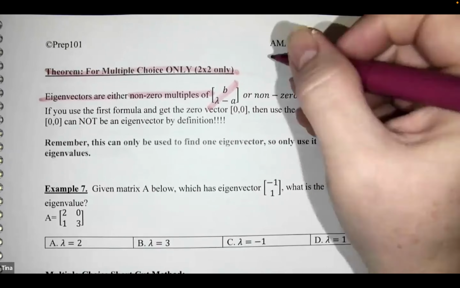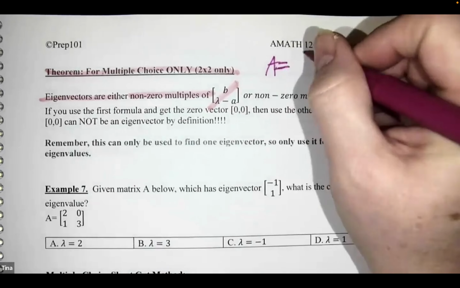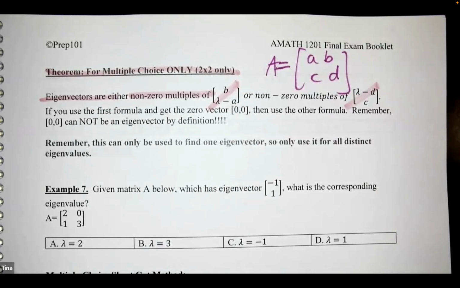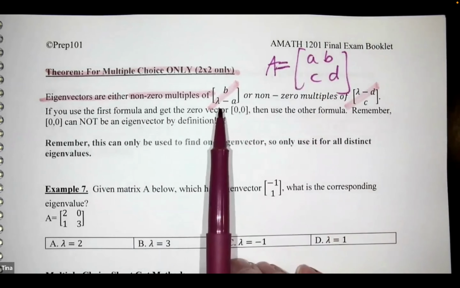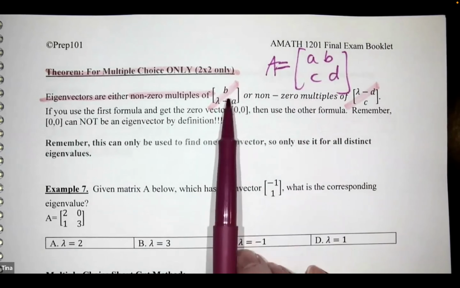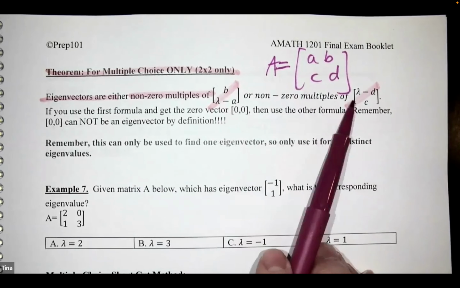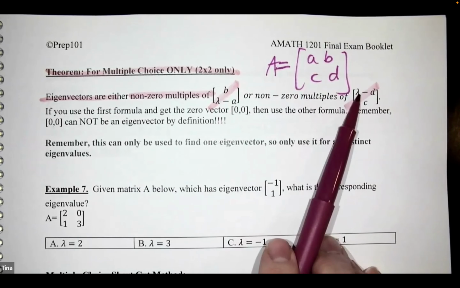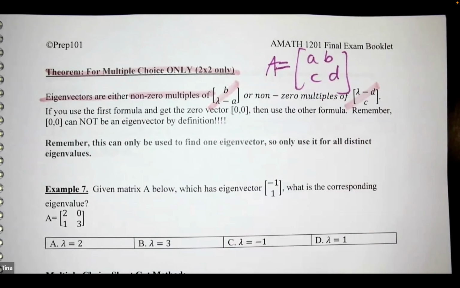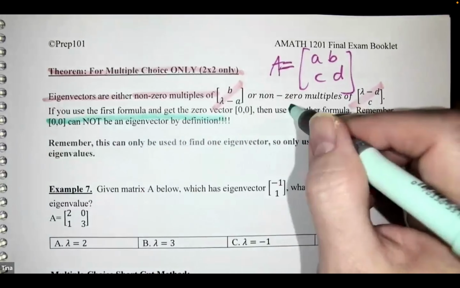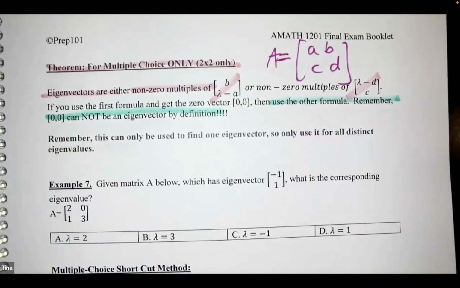If your matrix is a, b, c, d, and lambda is your eigenvalue, you do b over eigenvalue minus a. If you get the 0 vector, it can never be an eigenvector, so you would switch to the formula lambda minus d over c. That's a quick trick that gets you it without doing all that work. Just keep in mind 0, 0 can never be an eigenvector.